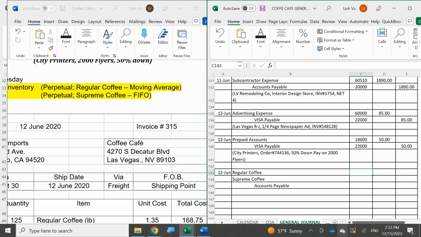Starting with regular coffee should be 12.20, 12.40, and accounts payable is 20,000.